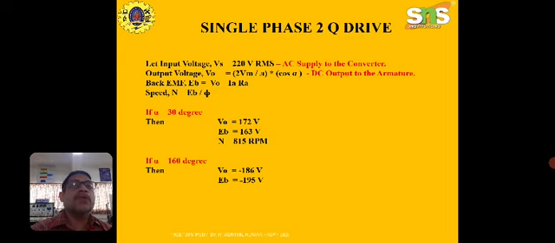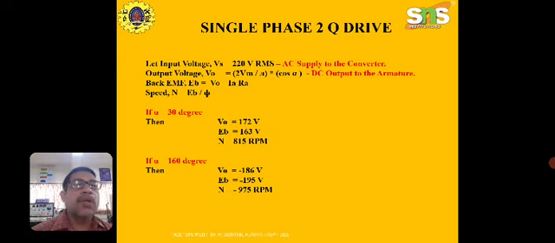As per the formula, EB is equal to V0 minus IA into RA, with IA 150 amperes and RA 0.05 ohms. And the speed is minus 975 RPM. See, the direction of speed is negative, which means that it is reverse motoring.